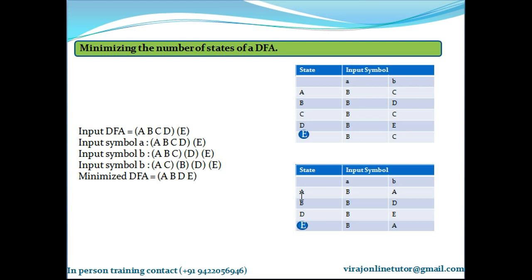This is not true in this example, but I'm just giving you an example. A dead state is a state which on all input symbols goes to itself and it is not a final state. So we are supposed to remove it from the minimized DFA.